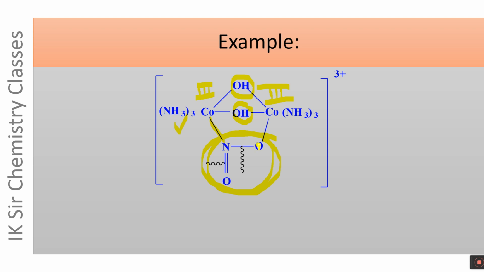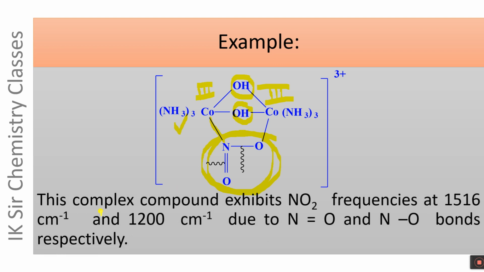It exhibits absorption bands due to stretching of N double bond O and N single bond O. This complex compound exhibits NO2 frequencies at 1516 cm inverse and 1200 cm inverse due to N double bond O and N single bond O stretching respectively.